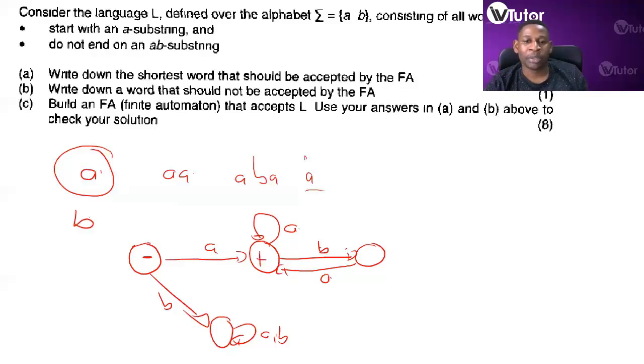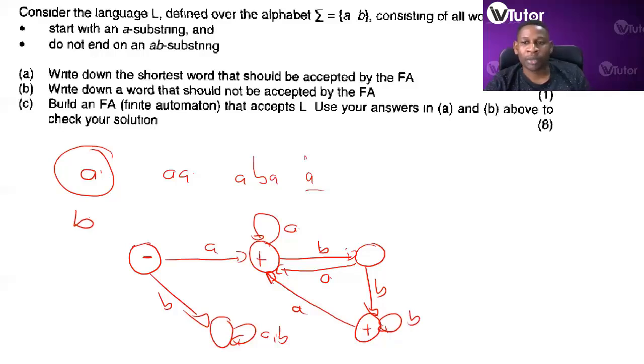But then if you have a B, and you have another B, you can go to a final state. So after you have a double B, you can go to a final state. From a double B, if you have gotten A, you go back there. If you have a B, you keep on in the final state. Once you have a single B, you don't go.